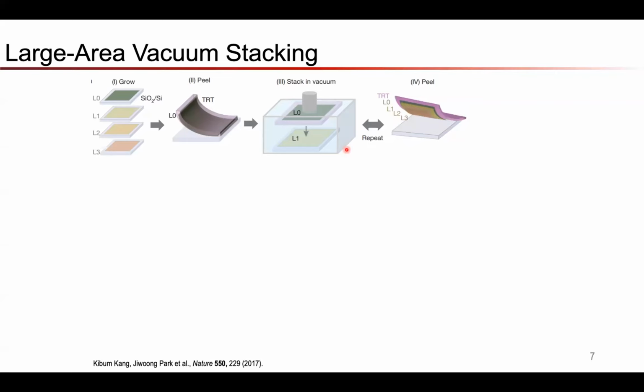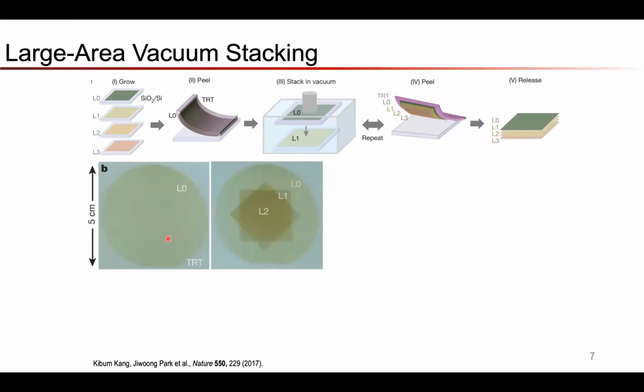So you can then peel that layer off, and when you peel it, you bring not just the first layer but also the second layer as well. And so you can build up these stacks by successively pressing and peeling with a new source chip being placed in the chamber each time. And when you're done, you can then release this onto an arbitrary substrate.